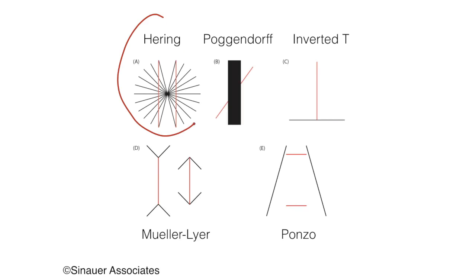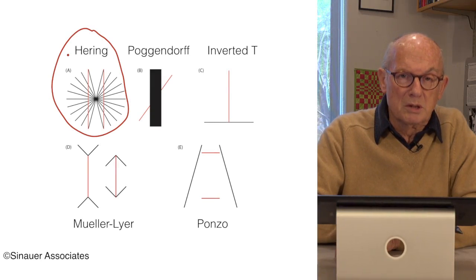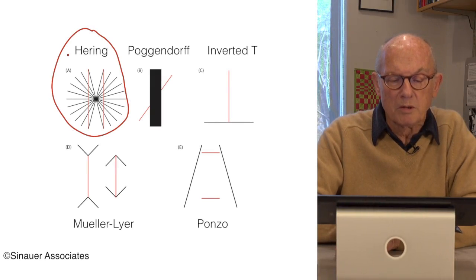Let's first talk about this so-called Hering effect. Ewald Hering was the 19th century vision scientist who put opponency on the map in terms of color.